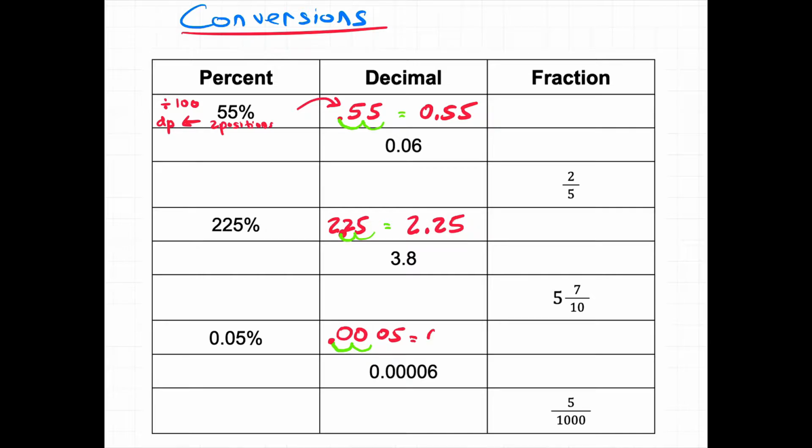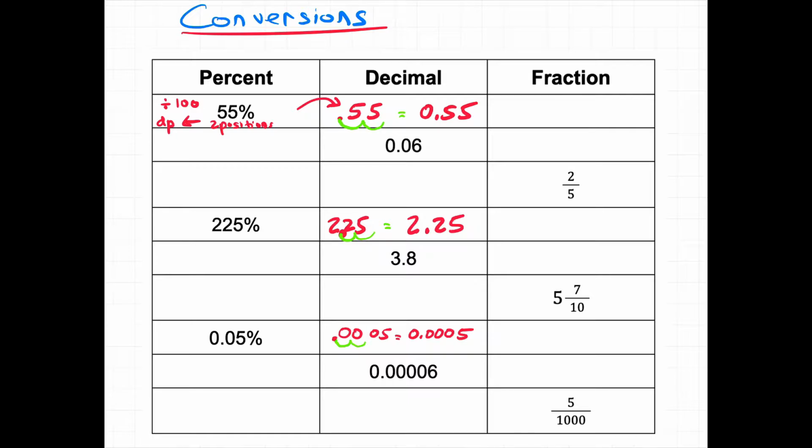So this will equal 0.0005. Okay, I'm just going to resize this. Okay, and notice how we always have to have some digit in front of the decimal. So in the first row, we've got 0 in front of it. In this 4th row, we've got a 2 in front of it, and also in the 7th row, we put a 0 in front of that.